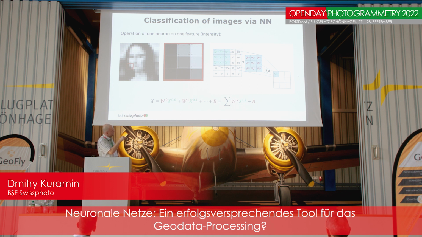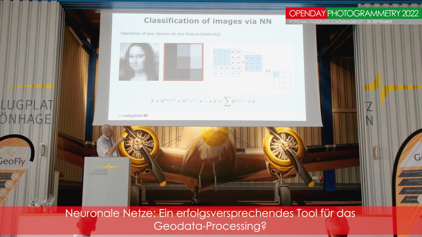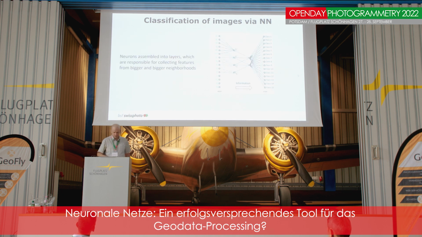If we have a neighboring neuron, it will process another pixels with the same kernel, and we will get another pixel here, like this. When we process the whole image with the kernel, we will get a new image, which will be a result of this level.